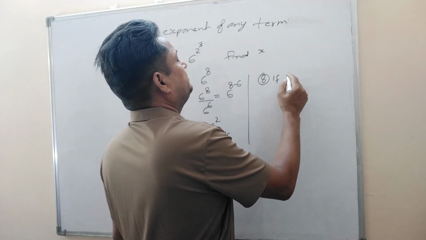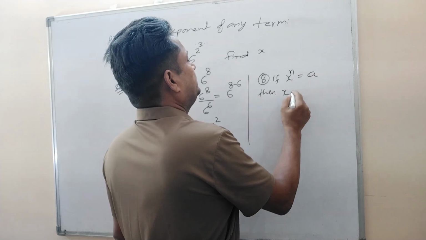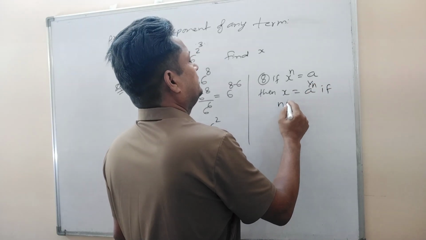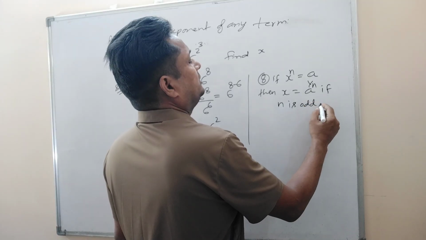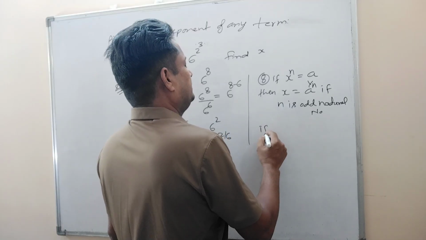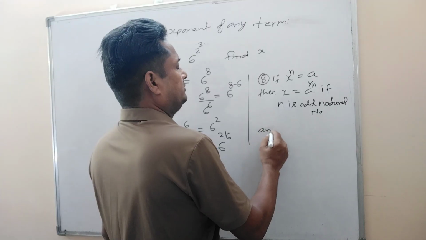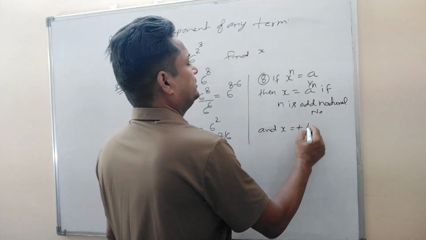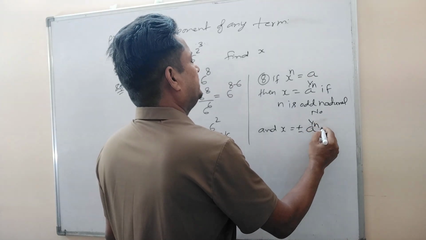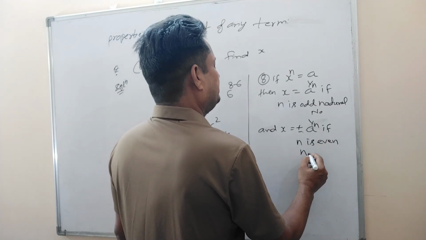If x to the power n is equal to a, then x is equal to a to the power 1 by n, if n is an odd natural number, and x is equal to plus minus of a to the power 1 by n, if n is an even natural number.